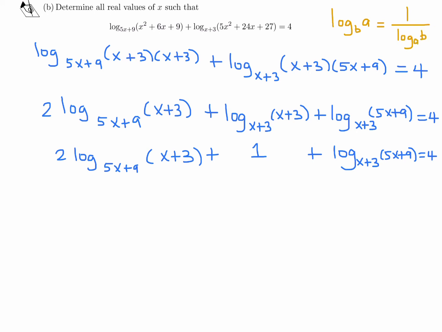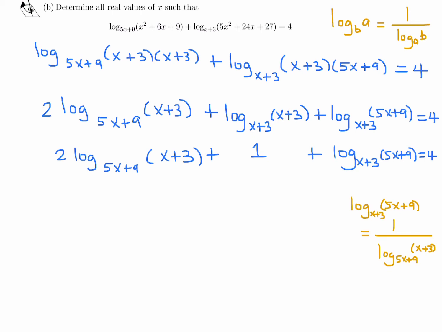And that's applicable because, as you can see, we've got that kind of a situation here. We can use that log rule. So for example, the log of 5x plus 9 to the base x plus 3 is equal to 1 over the log of x plus 3 to the base 5x plus 9. And that's going to be very helpful.